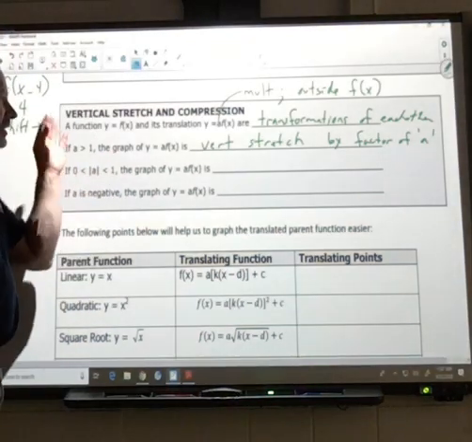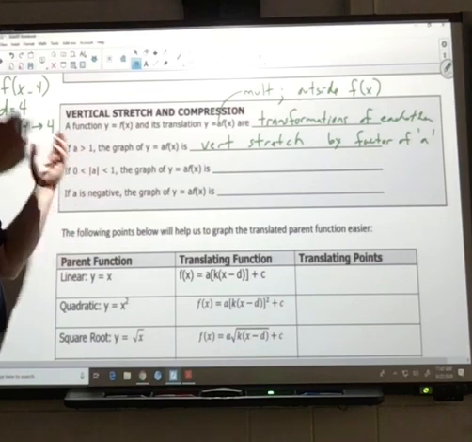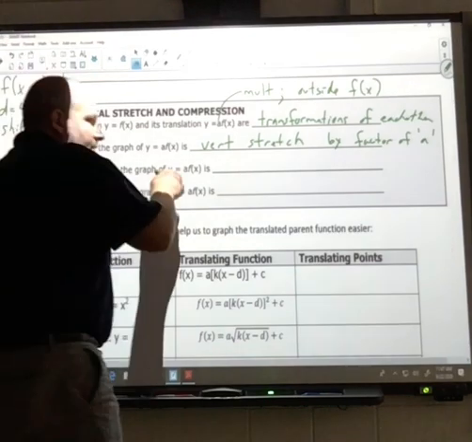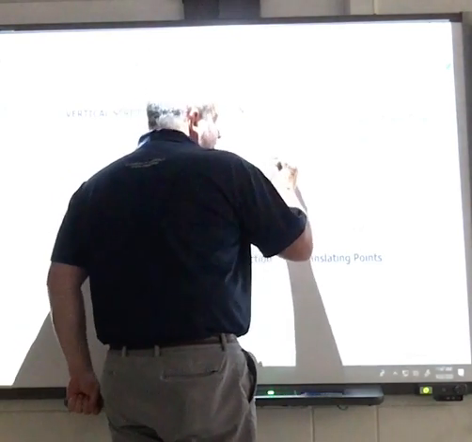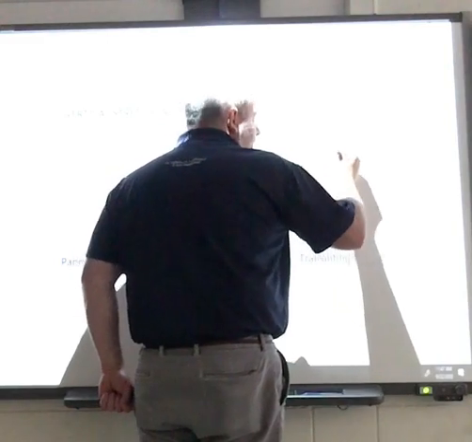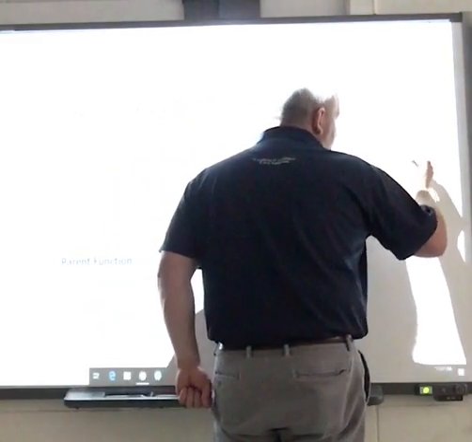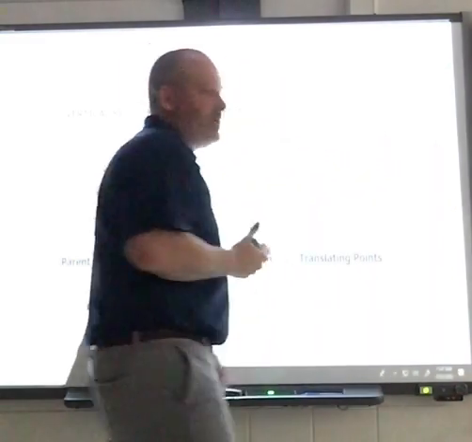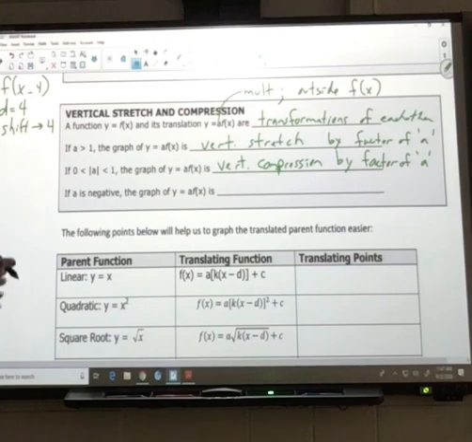If a is going to be a small number between 0 and 1, like a fraction, like a half or a third or a tenth, then it's going to be a vertical compression. It's still going to be by a factor of a. But of course, it's going to compress because you're halving the height, or thirding the height, or whatever it may be. You're thirding the y values.